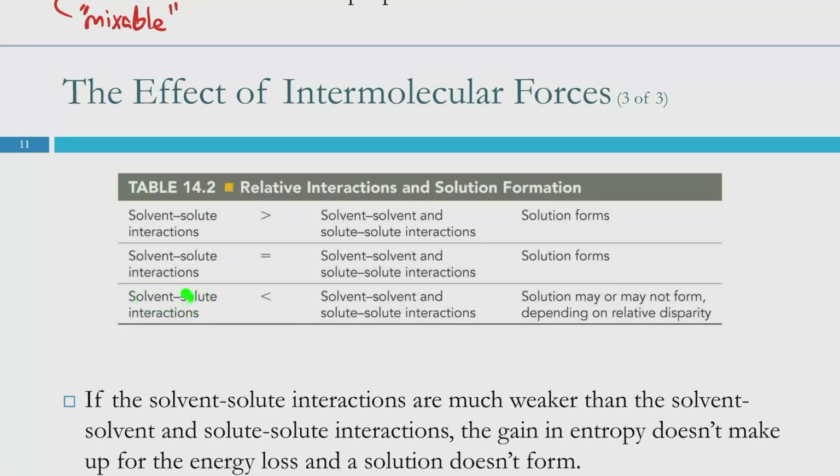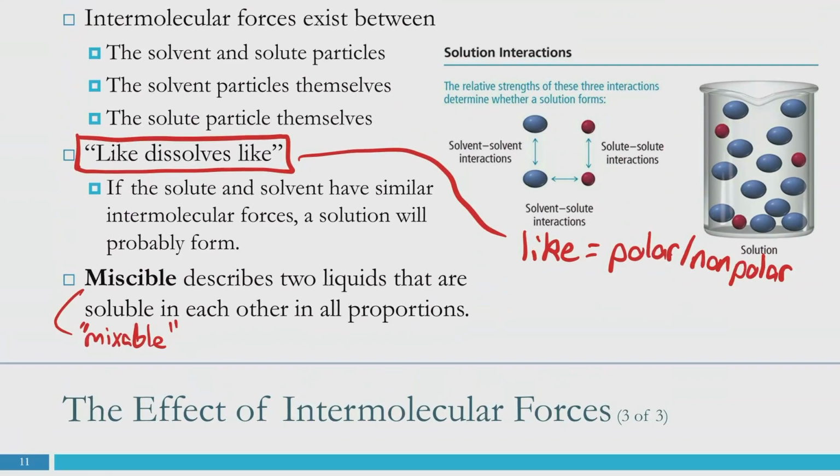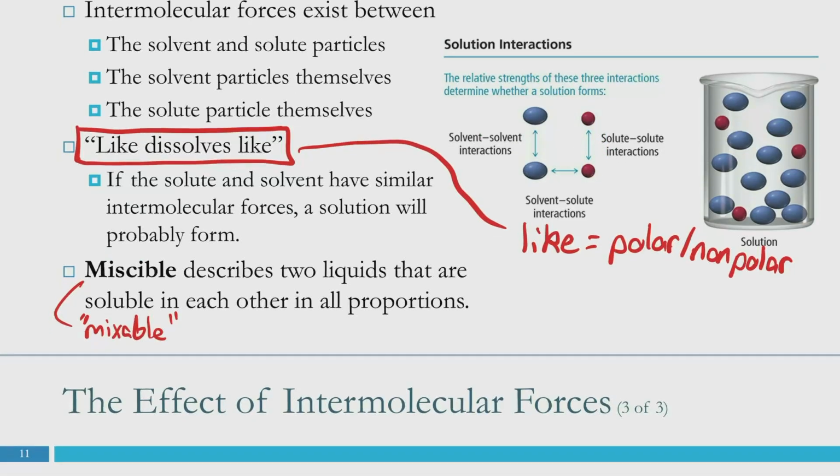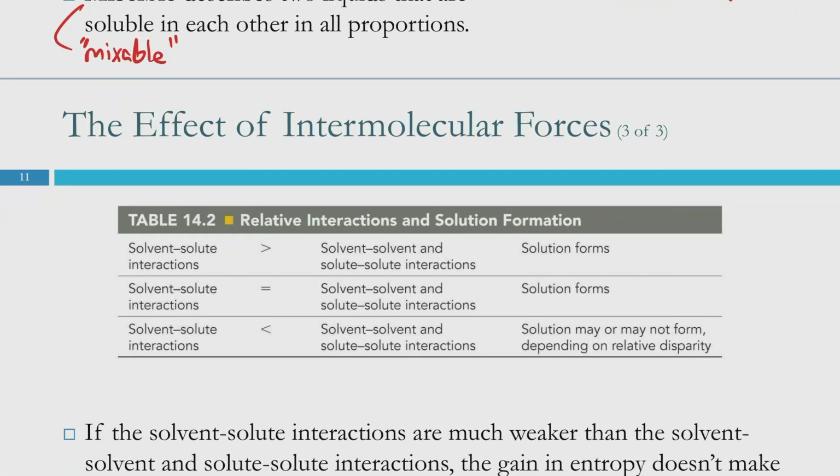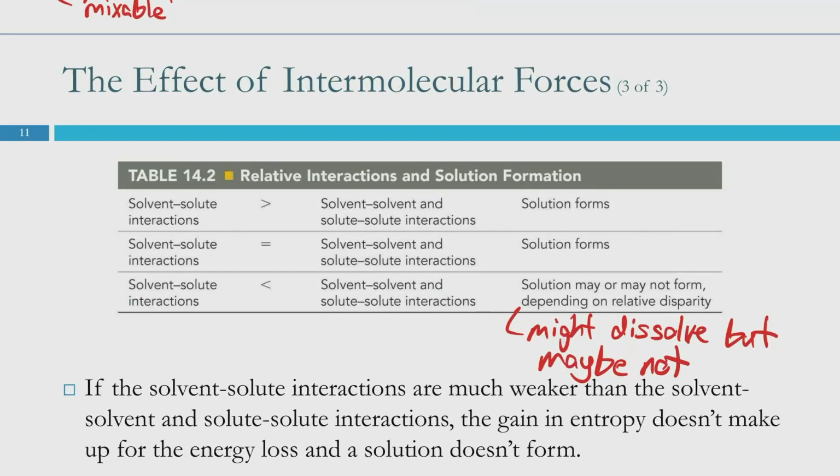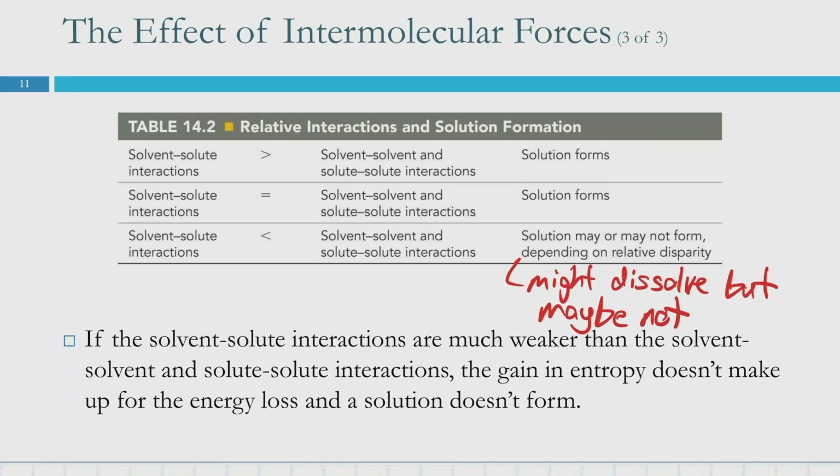If your solvent-solute interactions are weaker, so if this little arrow is weaker, these groups will tend to stay to themselves. It might still form a solution, might dissolve, but also maybe not. Just because if they're not very strongly attracted to each other, they're more likely to just keep to themselves.